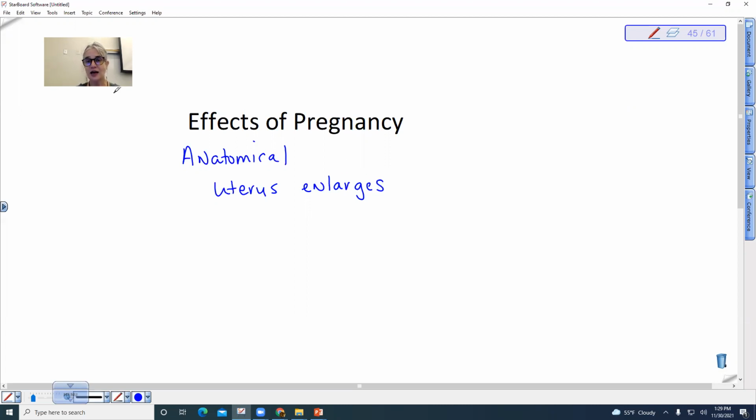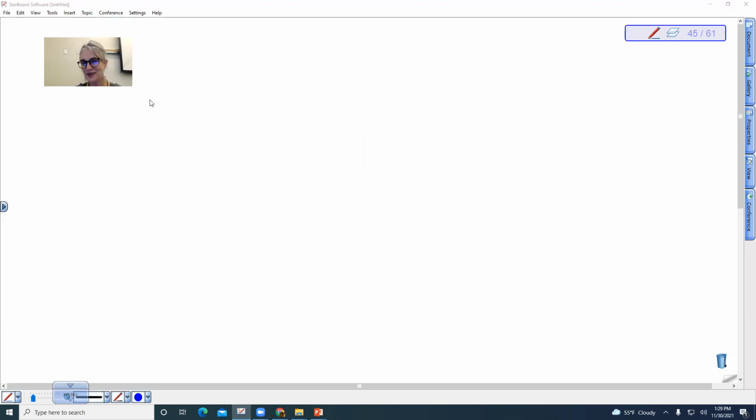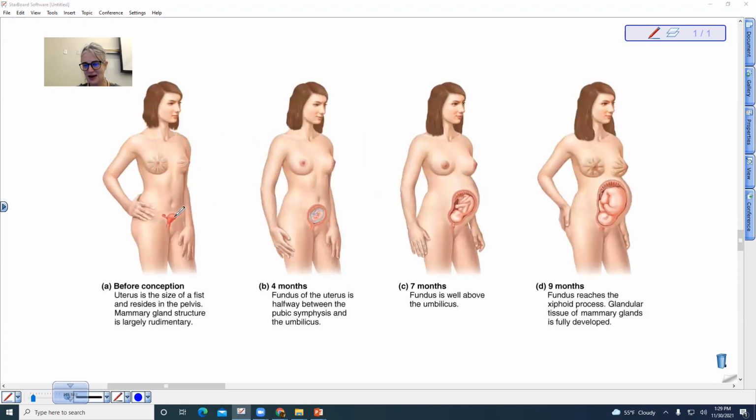So if we look at a diagram that shows this amazing change in the size of the uterus, this is a diagram here before the female is pregnant. We have the uterus sitting right about here. And notice that it is underneath your umbilicus, which is the navel.